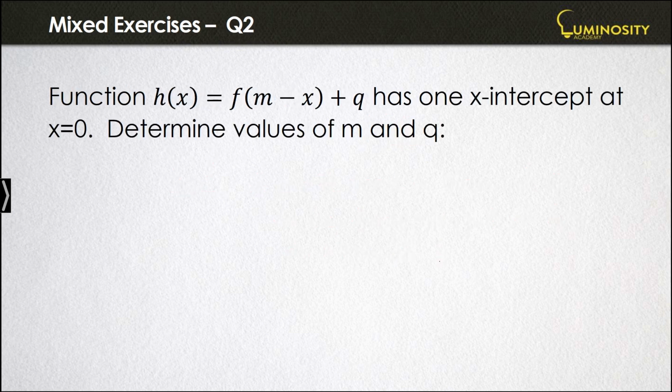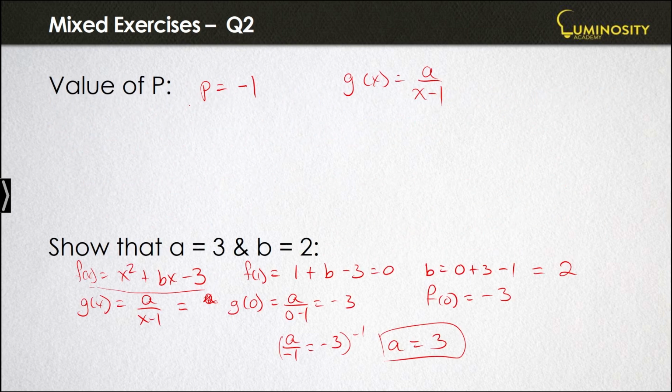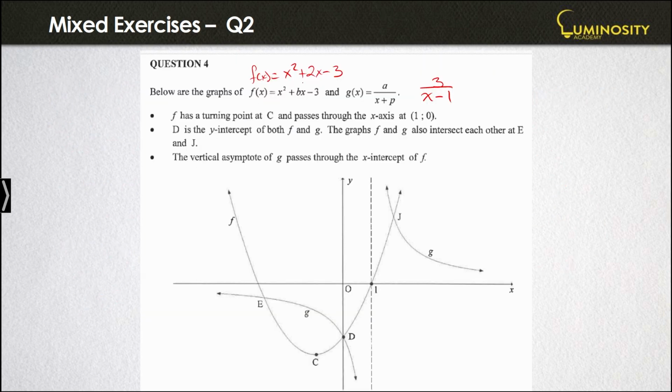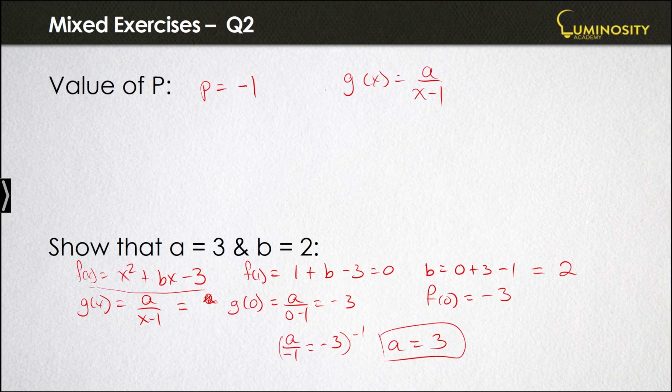So now it's saying function h of x equals f of m minus x plus q has one x-intercept at x equals 0. Determine the values of m and q. So when it says it has one intercept at x equals 0, that means that's the minimum. So let us take a look at what all of this does to our function h of x. We remember, we go back up, we have x squared plus 2x minus 3.